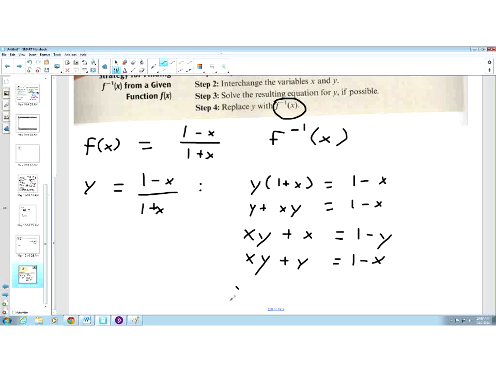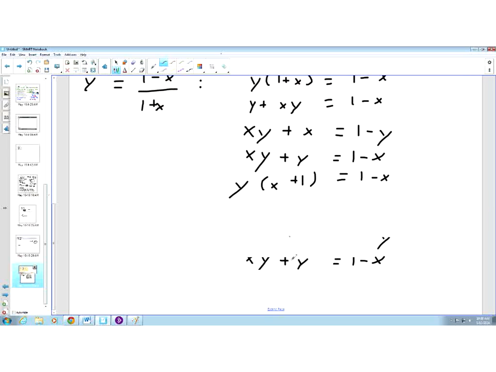So we have y times x plus 1 is equal to 1 minus x. And then if I divide both sides of the equation by x plus 1, I'll have y is equal to 1 minus x over 1 plus x. And that's equal to f inverse of x.